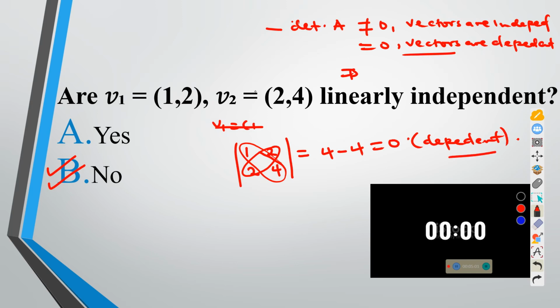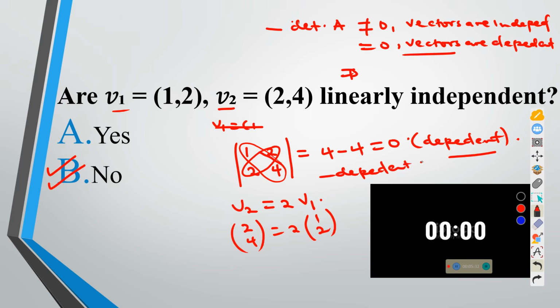But you can also test it by looking at v2 and v1. You realize v2 can be expressed as a scalar multiple of v1. So v2 is 2, 4, which is the same as having 2 times 1, 2. Since this can be expressed in terms of the other, the two vectors are linearly dependent.